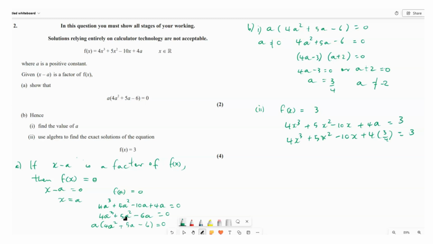Okay, so you can see that we can cancel out the 4 there. So it means that we have 4x cubed, this 3 here would become 0, so that's equal 0. So x is a common factor. Let's factor out x.